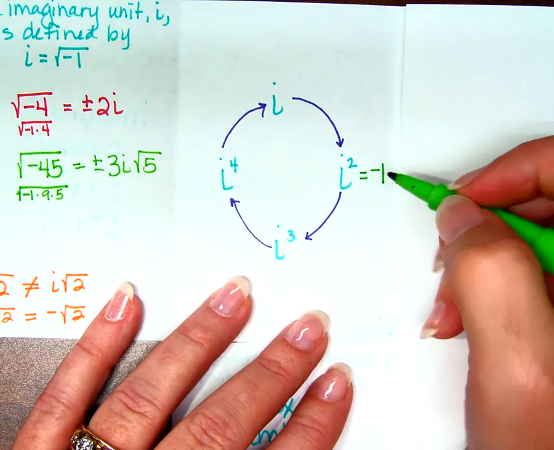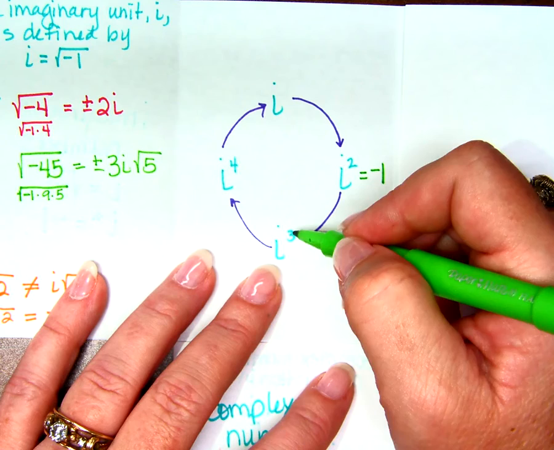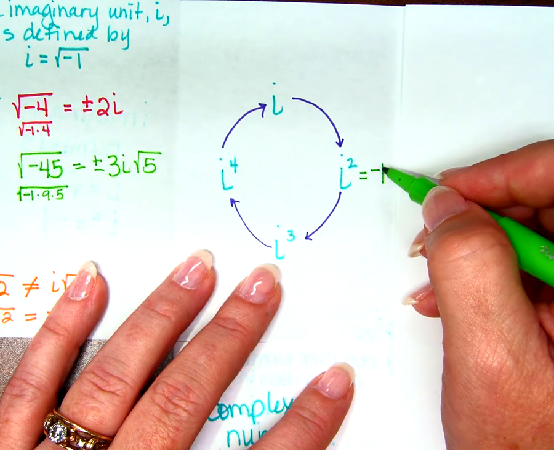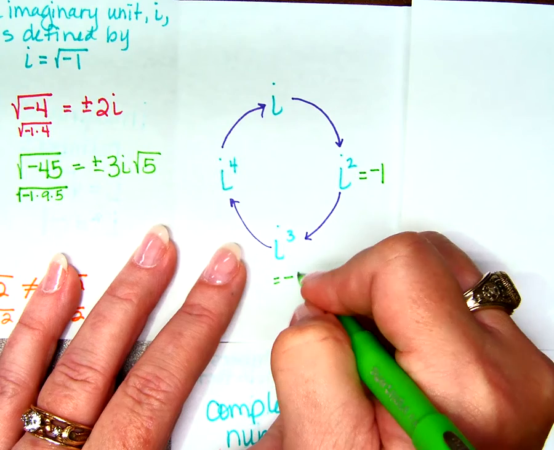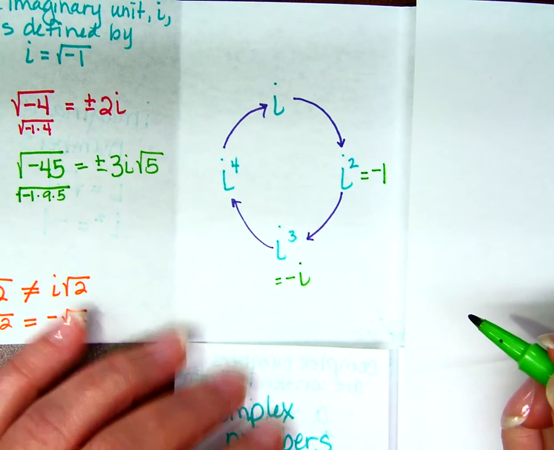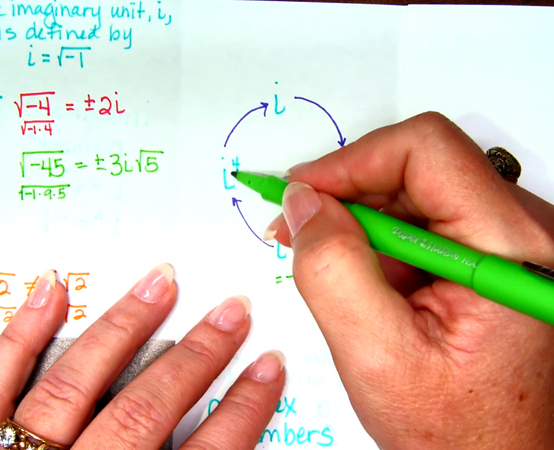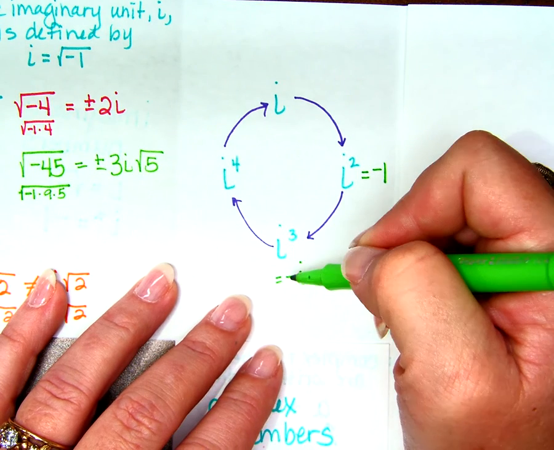And I know that if I take i squared and multiply by i, I get i to the third, except I know i squared equals negative 1. So what if I multiply negative 1 by i? That equals negative i, doesn't it? And if we multiply i to the third times i, we would get i to the fourth, right? But I know that i to the third equals negative i.